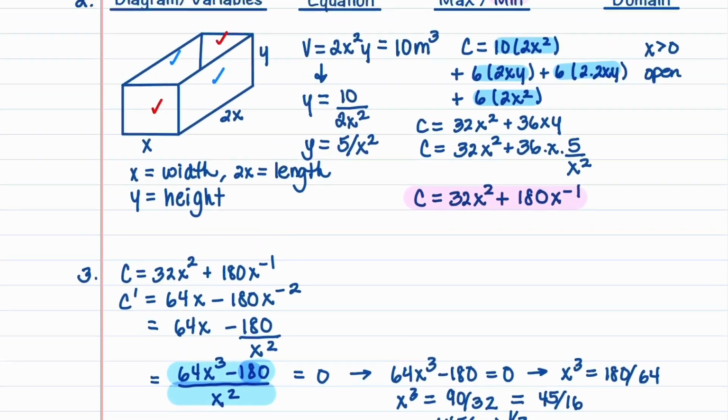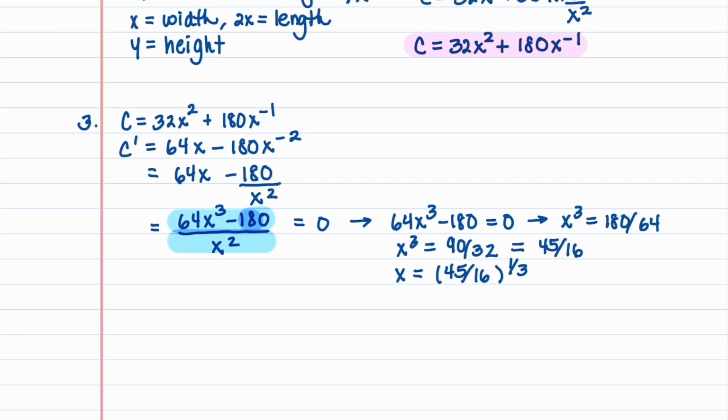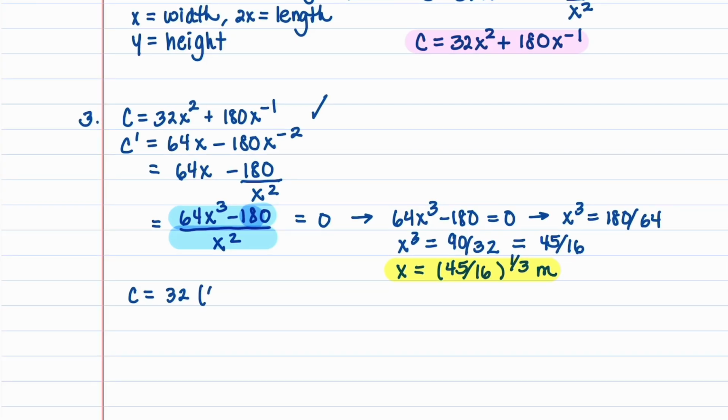And we need to go back up and look at our units. It is in terms of meters. So we're going to put meters for x. Now we can go ahead and find our cost because that's what we want to minimize. Our cost right up here is 32x squared, and that is 45 over 16.